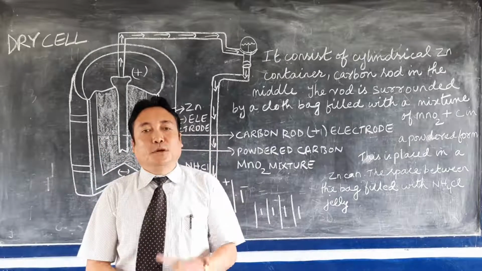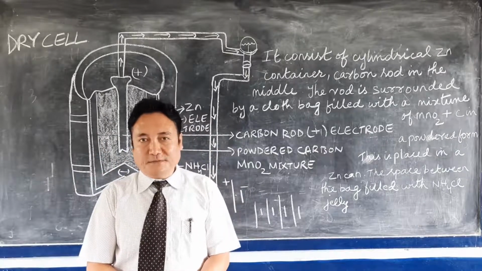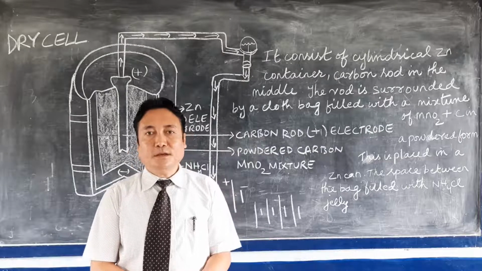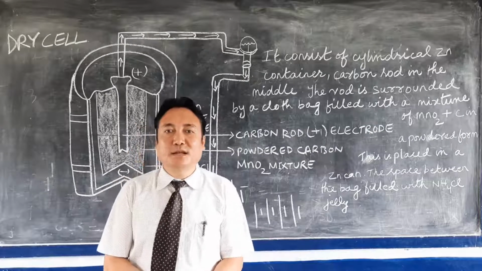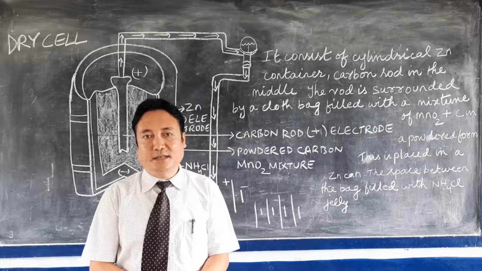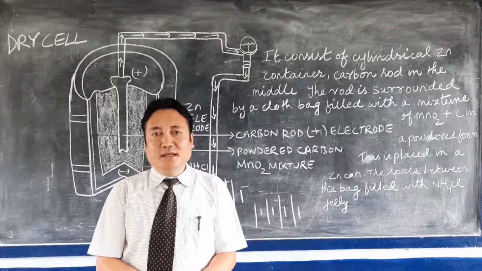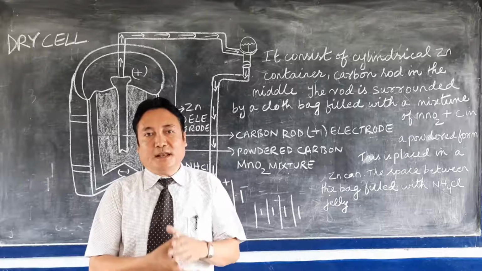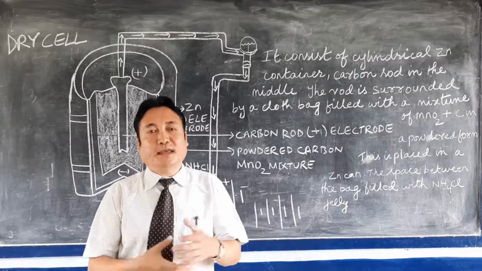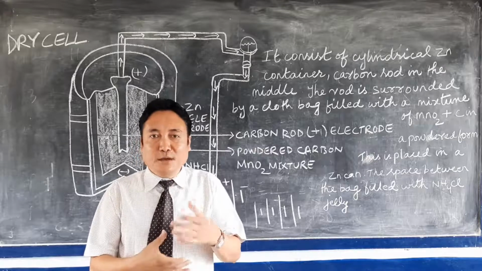Now, about the cell. Though a cell is the source of electric current, there are two types of cells. One is the primary cell, the other one is the secondary cell. Primary cells are those cells in which, when the chemical reaction gets over, we will throw it away.